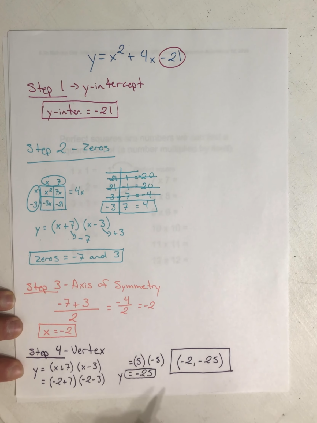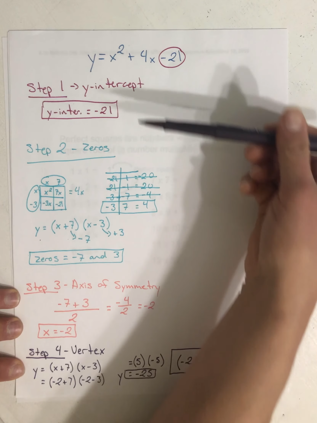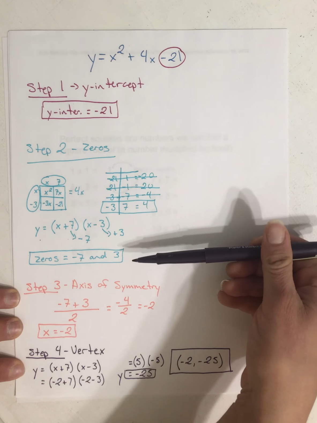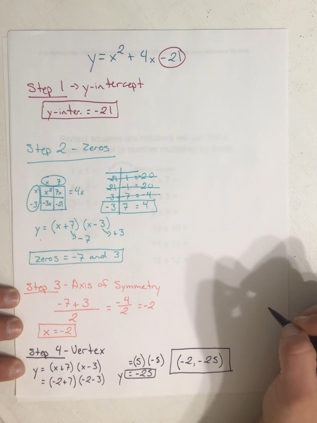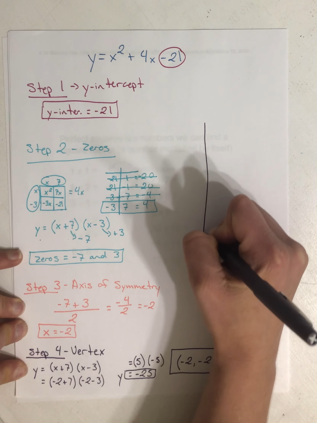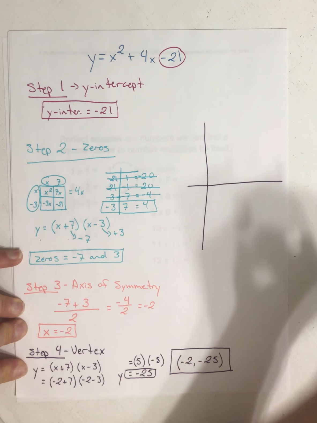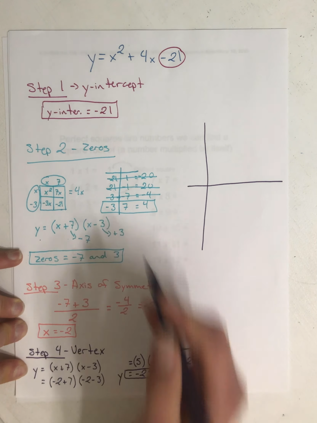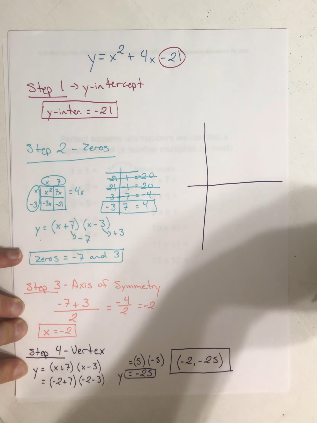And then with this information, we can go plug our information back into all of our graphs, because we now have the y-intercept, we have the zeros, and we have the vertex. So when we're plotting it, we would start with our y-intercept.